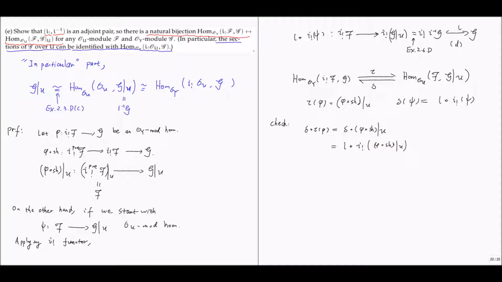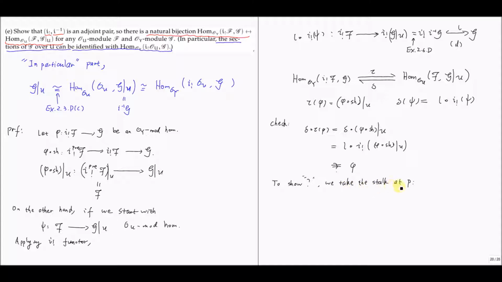We hope this long formula is equal to phi itself. To check this, we'll be using the method of taking stalks. Recall that two maps are equal if and only if the induced maps between stalks are equal.